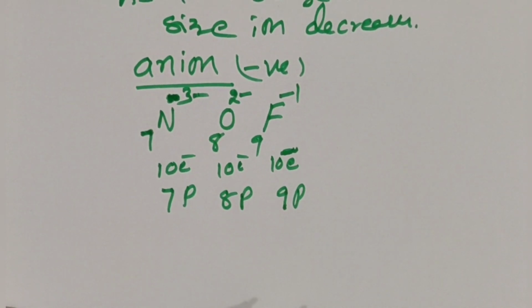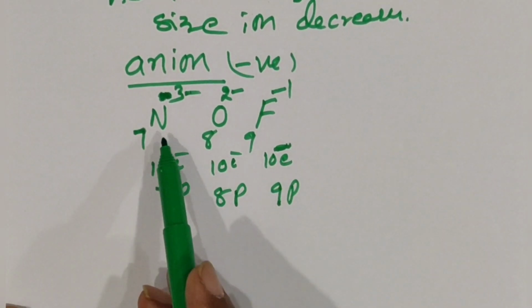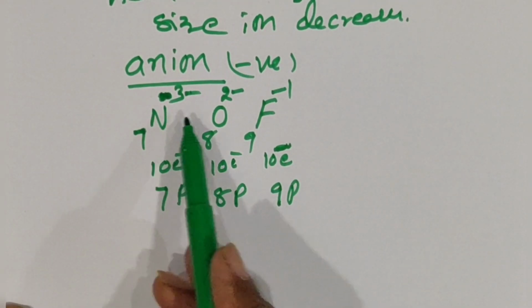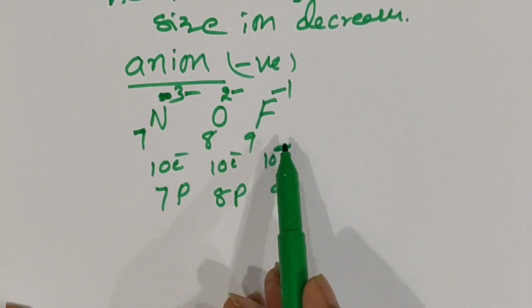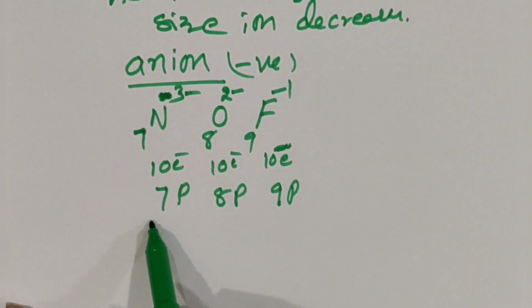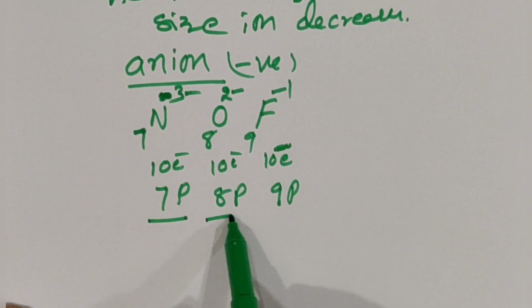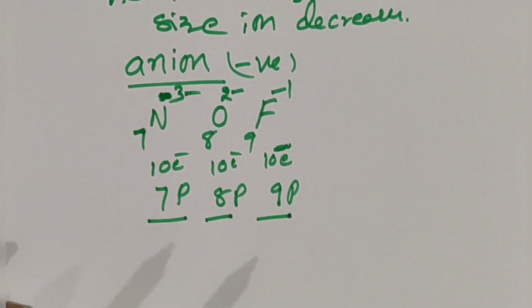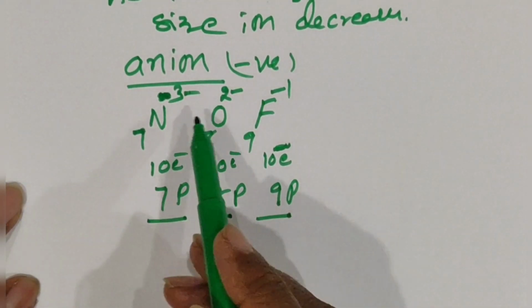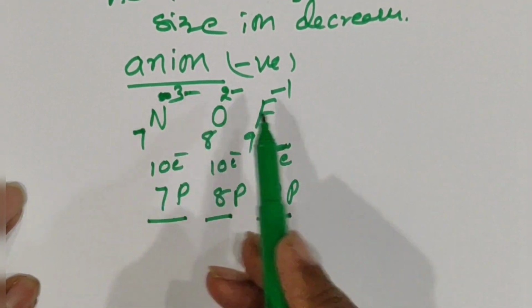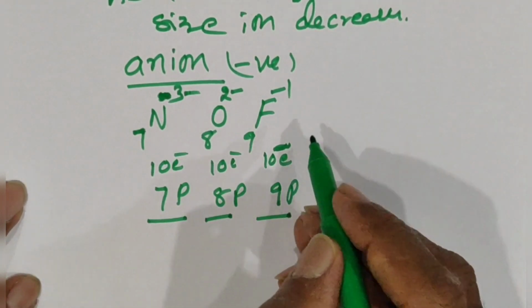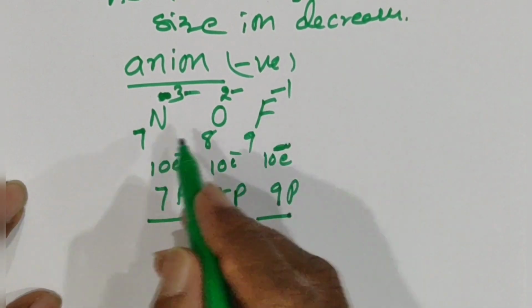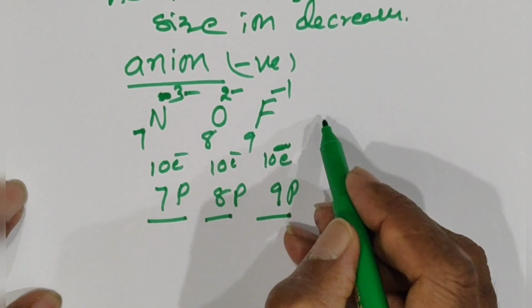Now in this case we have to observe, as the negative charge increases, the number of protons decreases. That's why with the increase of negative charge, size of ion increases.